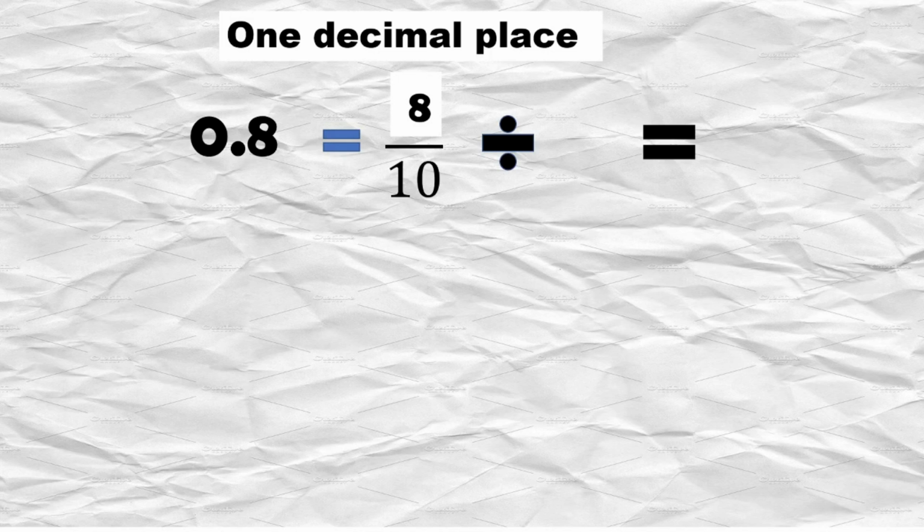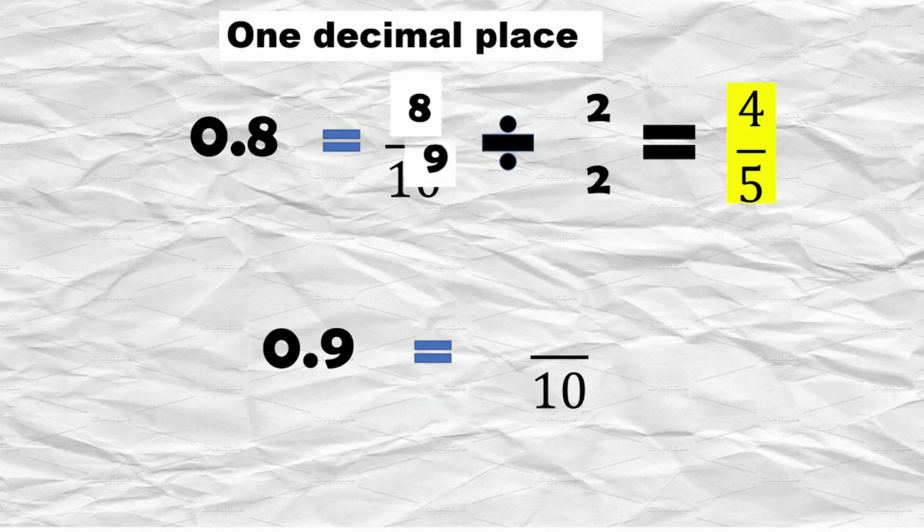So, we have 2. 8 divided by 2 is 4. And 10 divided by 2 is 5. Now, 0.8 is equal to 4/5. Last, we have 0.9. Okay? In a fraction, we have 9 over 10.